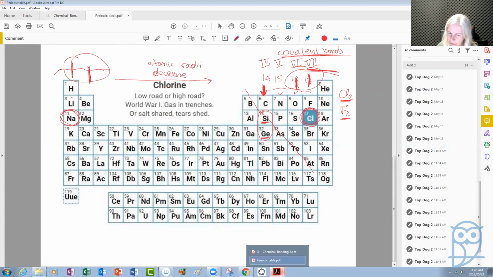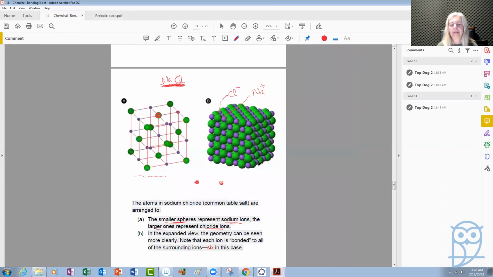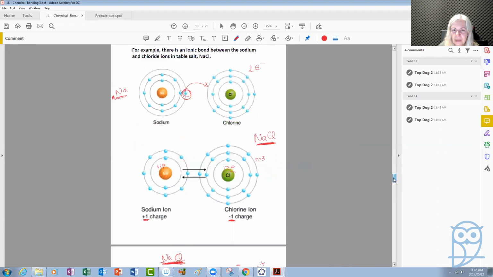But this is not strange if we think carefully, because remember that the chloride ion has picked up an extra electron from the sodium, and the sodium ion here gave one electron away. So now the remaining electrons of the sodium are restricted to the first two energy levels, so it has decreased.